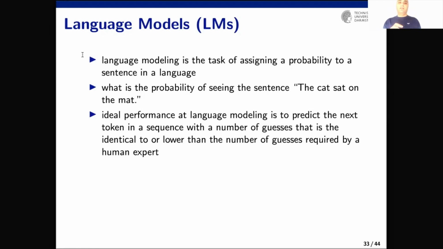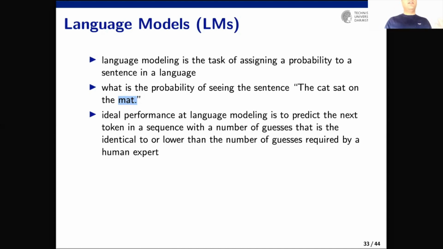So if you bring, for example, a native speaker and ask them to fill the blank in the cat sat on the, your human expert should be able to say 5 words can fit here, and your model also should be able, ideally, to get 5 or lower, not more than that.